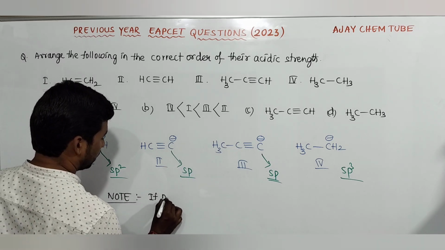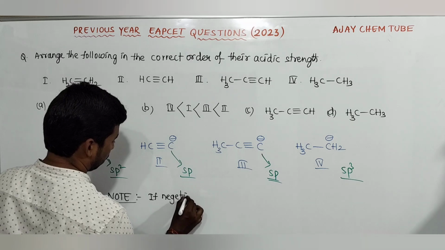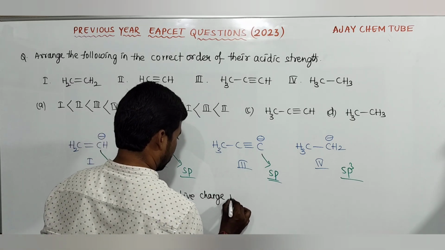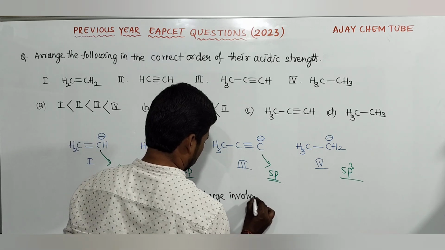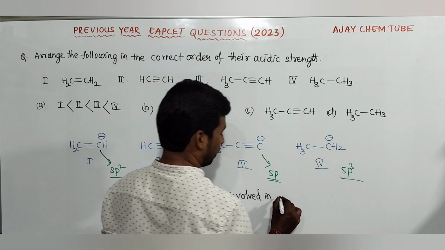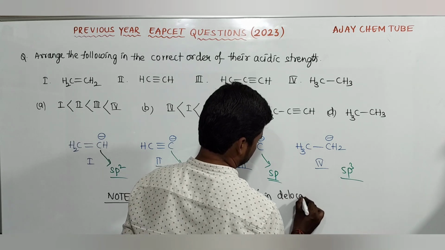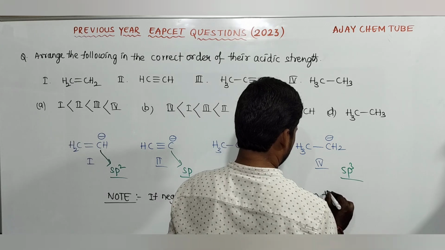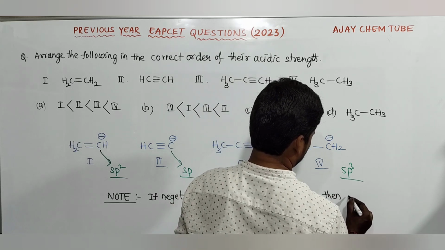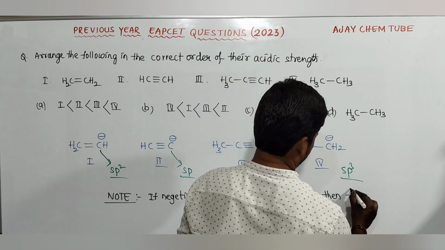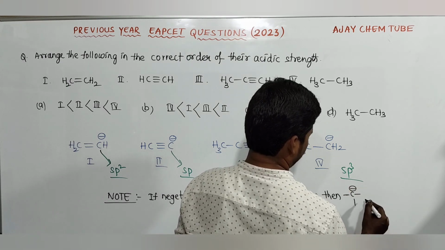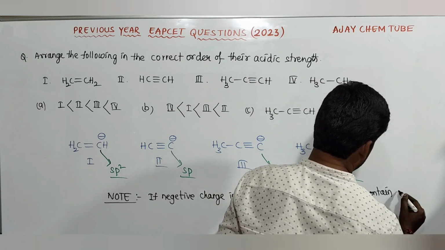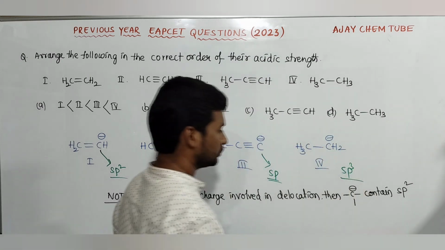If negative charge is involved in delocalization, then the carbanion contains sp2 hybridization.